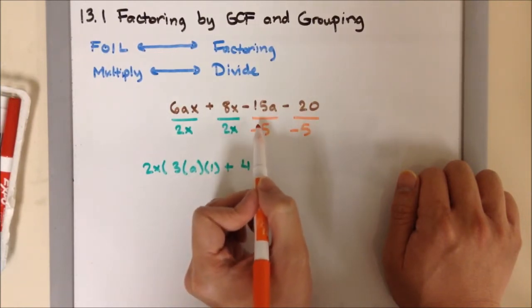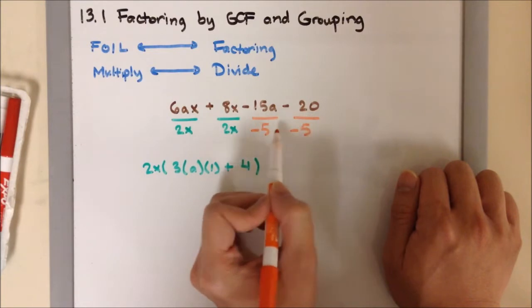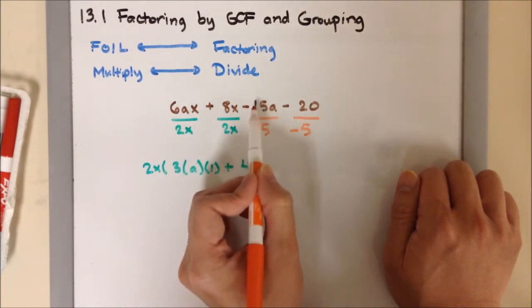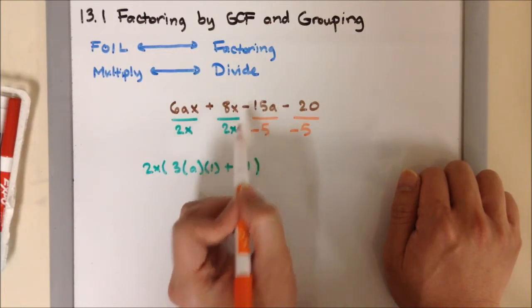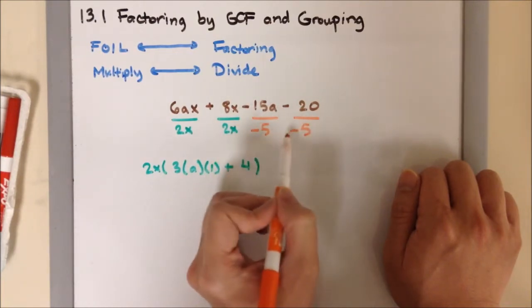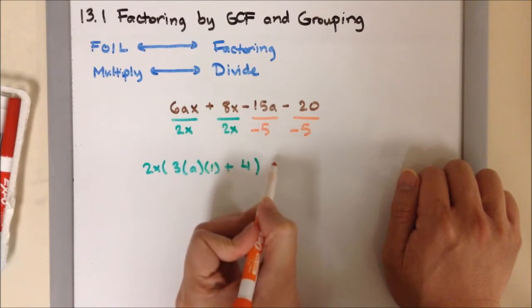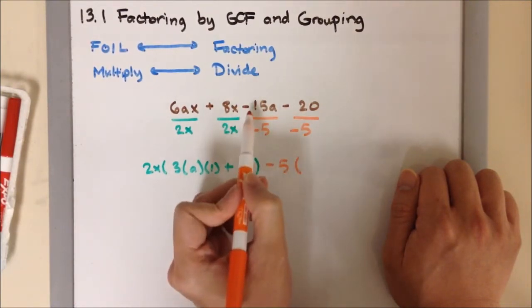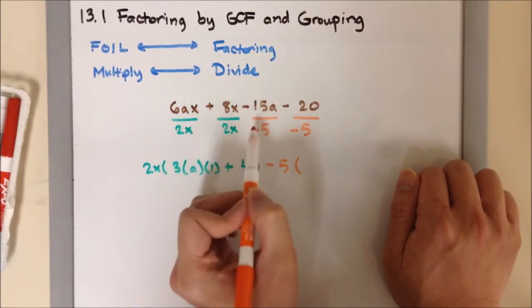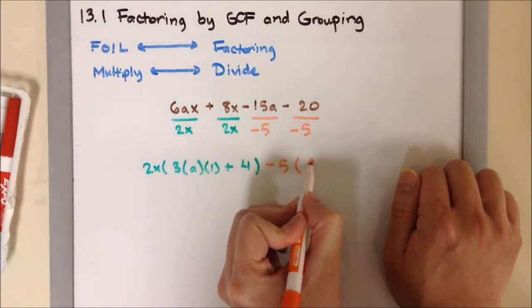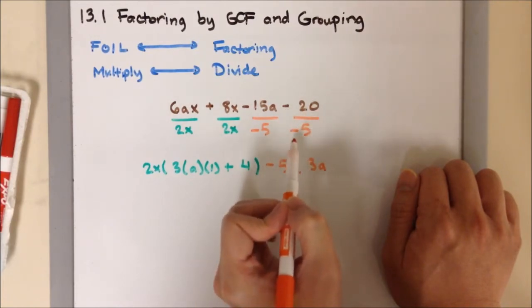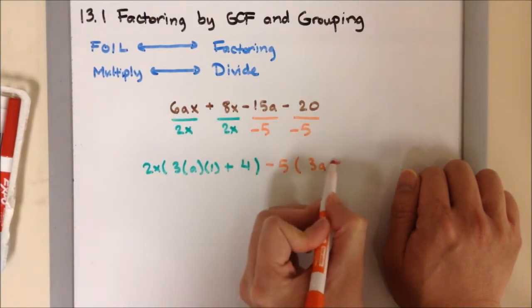So I'm not dividing both terms by 5 anymore. I'm actually dividing both terms by negative 5, because the first term on the right side is negative. So this will be my GCF, minus 5. So negative 15a divided by negative 5 will be 3a, and then negative 20 divided by negative 5 will be a positive 4.